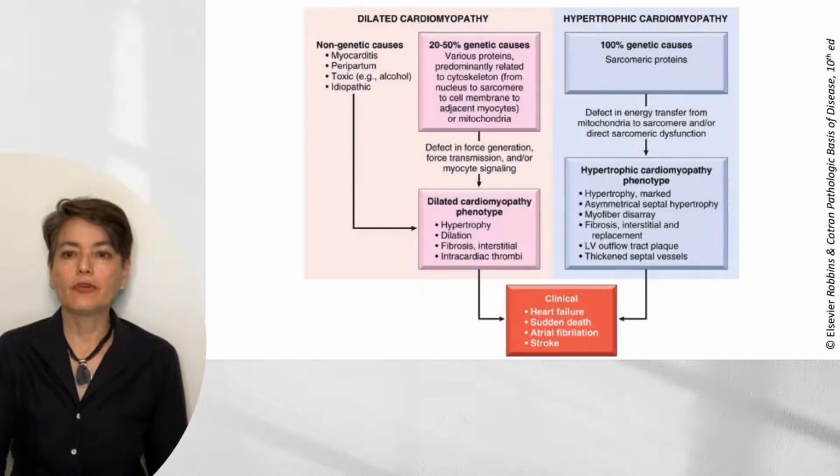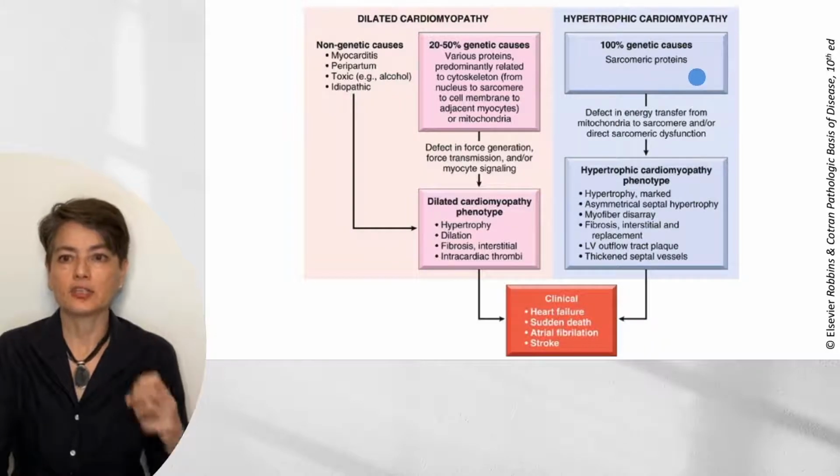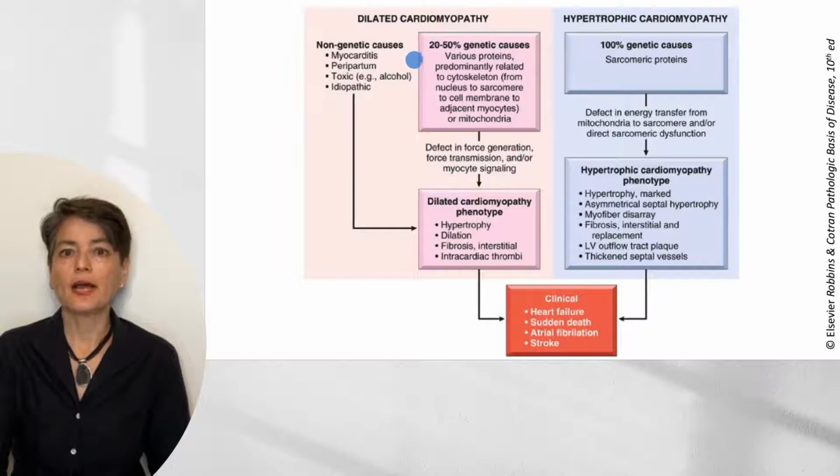Now, before we leave this disease entirely, let's do a quick compare and contrast of dilated cardiomyopathy and hypertrophic cardiomyopathy. Keep in mind that for hypertrophic cardiomyopathy, 100% genetic causes typically are sarcomeric proteins, that contractile apparatus. In contrast, in dilated cardiomyopathy, about 20 to 50% are genetic, and there are a variety of causes.